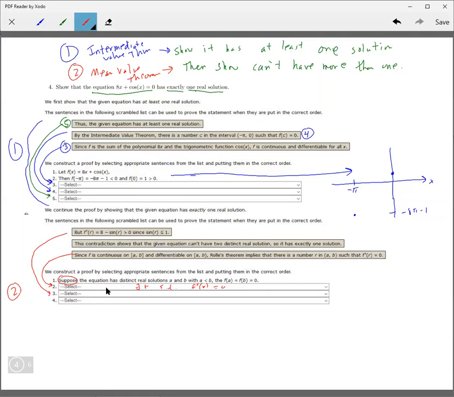So that's going to be positive. And that's a contradiction, because this part here is saying that the derivative is positive everywhere, and here it's saying the derivative is 0 at some point, which can't be. So this one right here goes in the last slot. This contradiction shows that the given equation can't have 2 distinct real solutions. So it has exactly 1 solution.